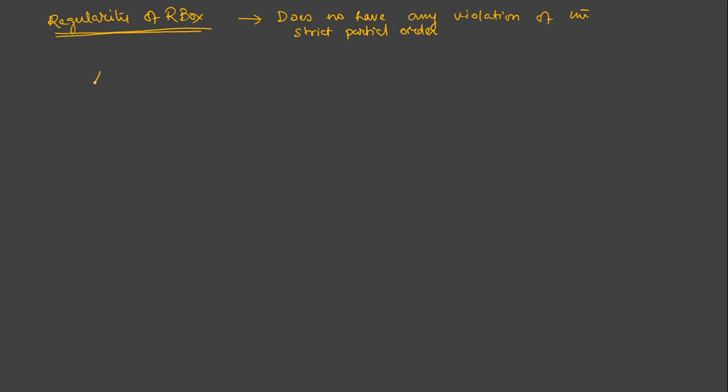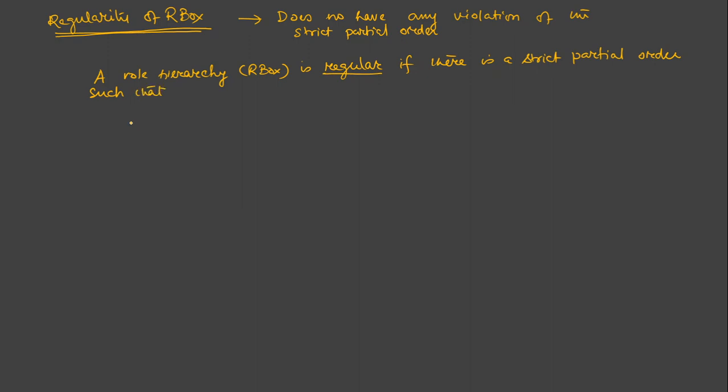So we say a role hierarchy or RBox is regular if there is a strict partial order such that the first condition is that if S comes before R, so the same will be valid for their inverses.